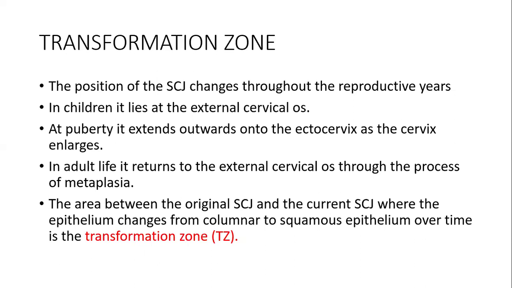However, as one grows through puberty, there's an extension of this zone, so the squamocolumnar junction moves closer inwards. In adult life, it returns to the external cervical os through a process of metaplasia. The area between the original squamocolumnar junction and the current squamocolumnar junction, where these metaplastic changes take place, is known as the transformation zone.